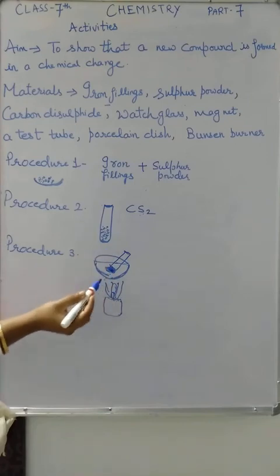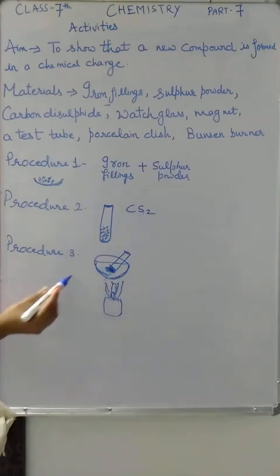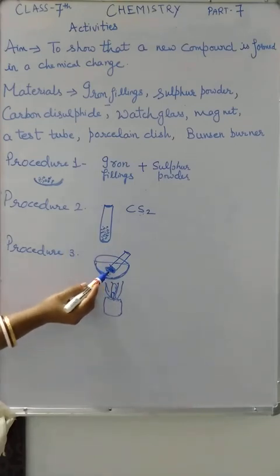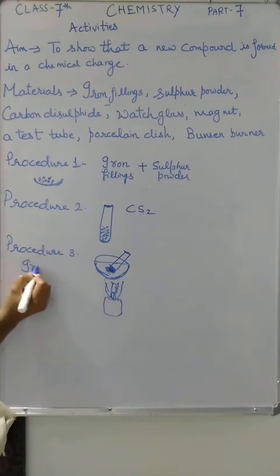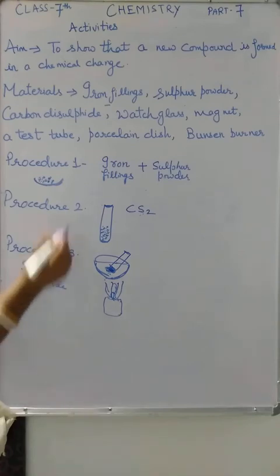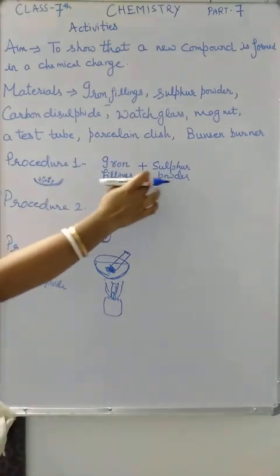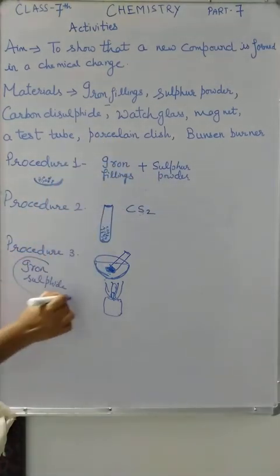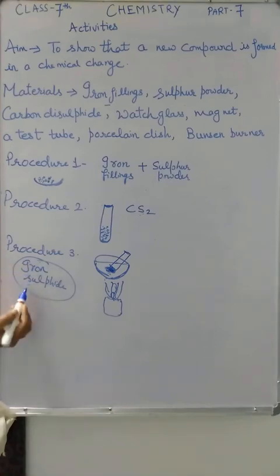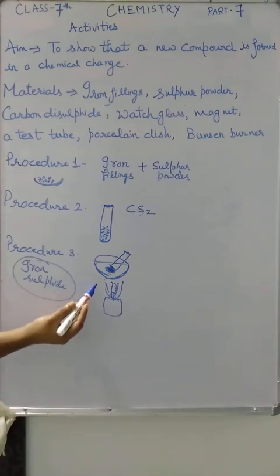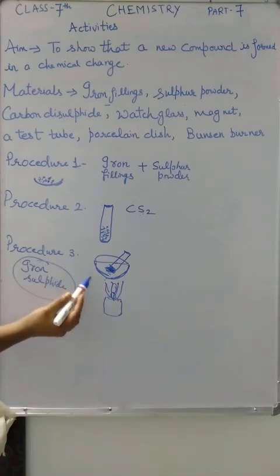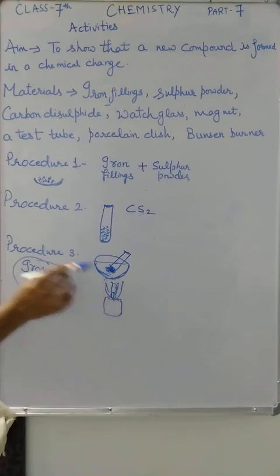It means that this grey mass is a new compound. It is a new substance. That is called iron sulfide. When you heat these two, one new substance, iron sulfide, is formed. It is a new compound. So on heating the mixture, the iron filings and sulfur powder both lose their properties.